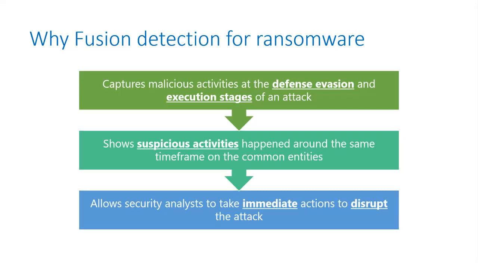And in one given Fusion incident, we will show you suspicious activities that happen around the same time frame on the common entities. This information can help your security analysts take immediate actions to disrupt the attack before it is too late, because at this stage you're already seeing ransomware and malware activities. So it is important that you take immediate actions.